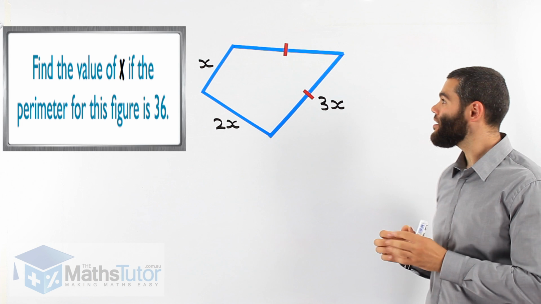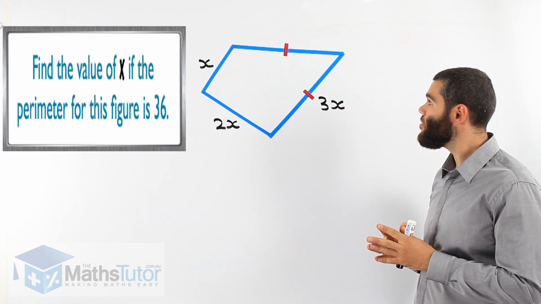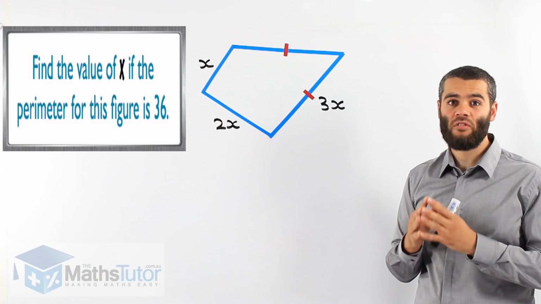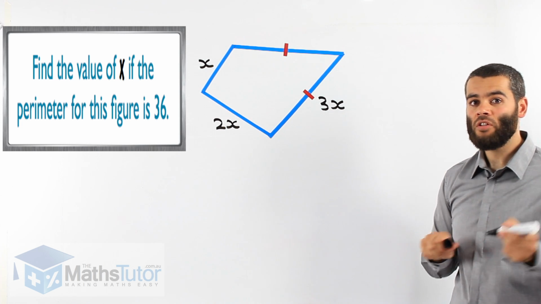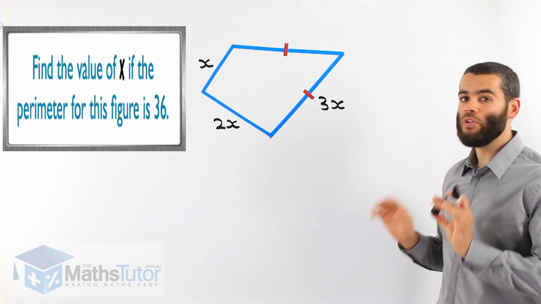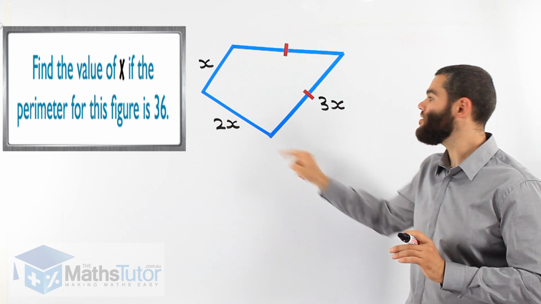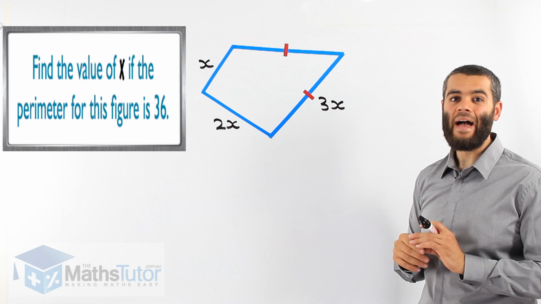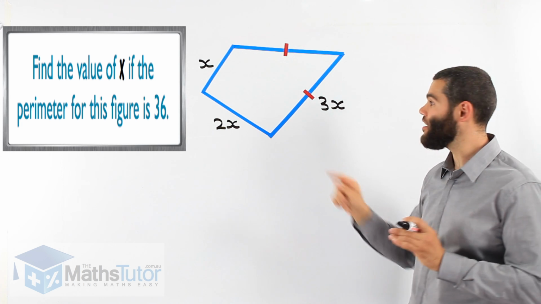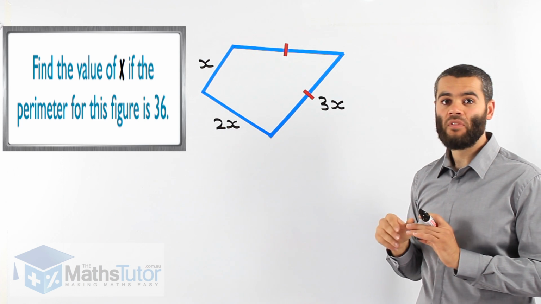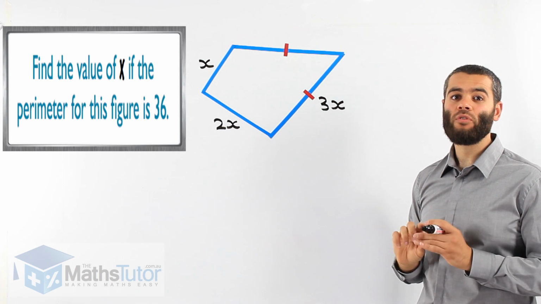Well, looking at the diagram, we can tell that we need to make an equation to find x. Let's make the equation. To make the equation, we need the information, which is all the sides, all of them added up, make the perimeter, because the perimeter is adding up all the sides. All of them added up equal to 36.